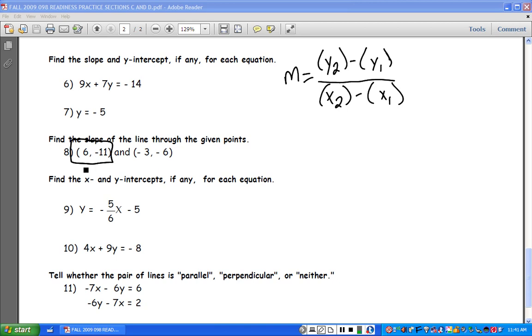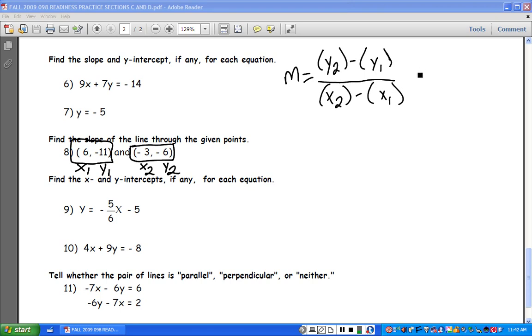If you're looking at these 2 points, if this is our first point, that makes this 6 our first x and this -11 our first y. If this is our second point, that makes this -3 our second x and this -6 our second y. So all I would do is take these numbers and plug them into our formula.